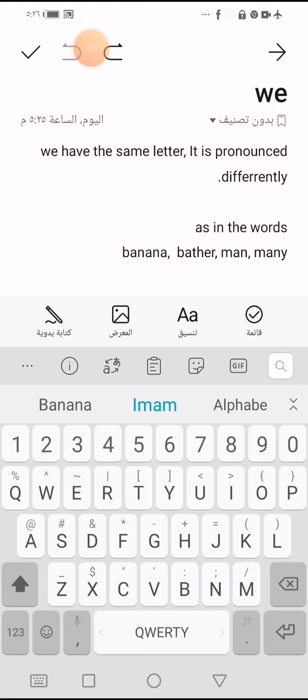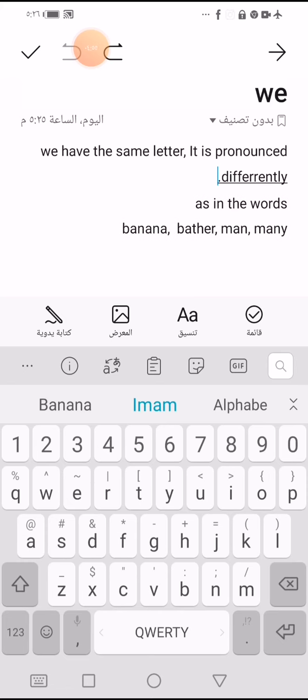And the second A after N is a long vowel, bana. So you see now how the same letter is pronounced differently. This is more clear when we compare it with the word bather, where the a is pronounced differently from the sound in banana. Here we say bather, a diphthong.